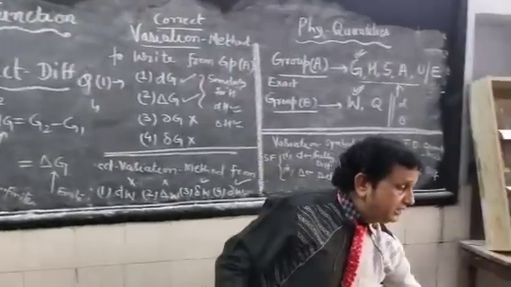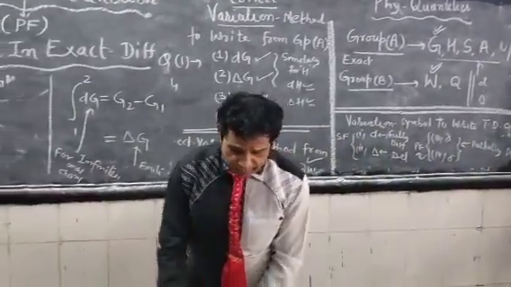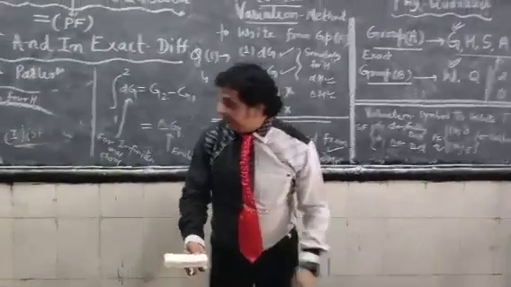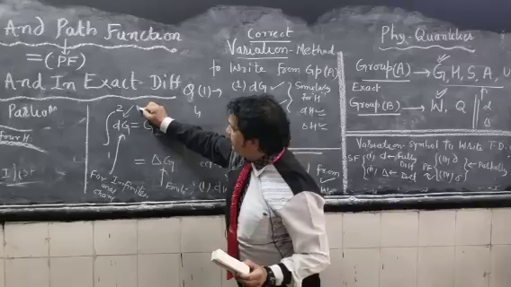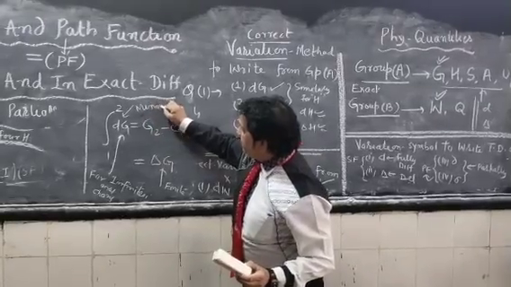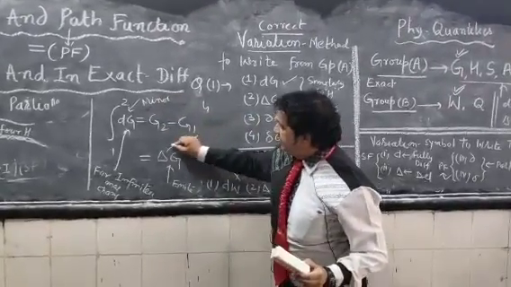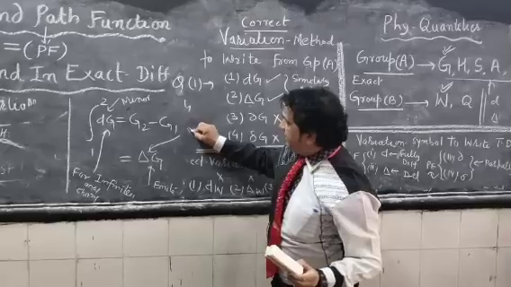In order to explain dG, it means a minor change, and here del G means a major change.